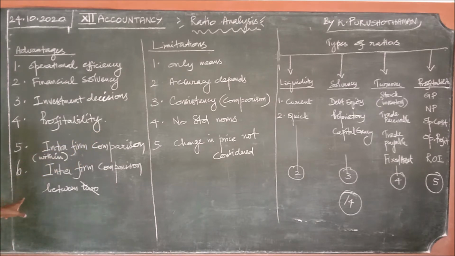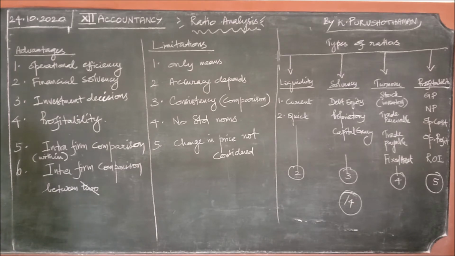And just now I said, a company run by the same persons, one in Coimbatore, other one in Tirupur, may be compared. There are two companies, and if those two companies' performances are compared, that is called inter-firm comparison.